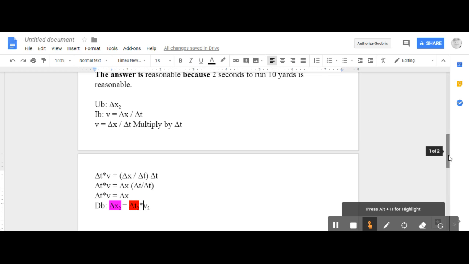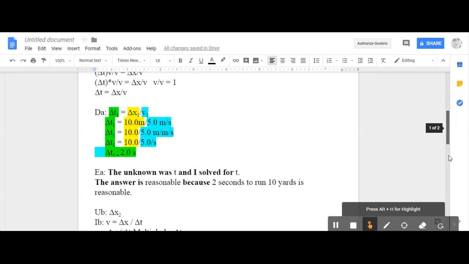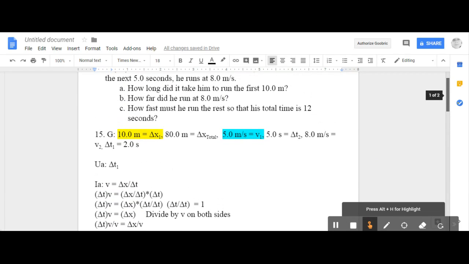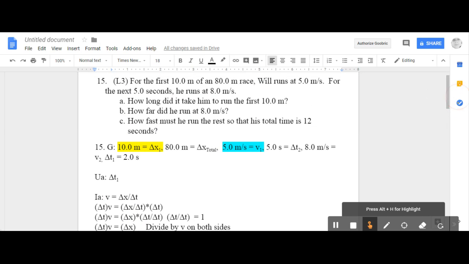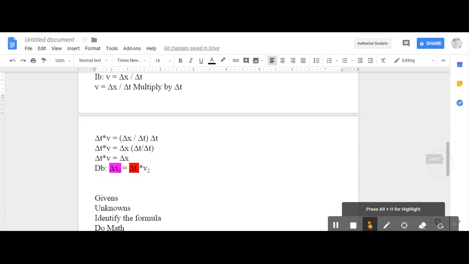So I'm going to go back up and look at my unknowns, look at my givens. And I have 10 meters, 80 meters, 5 seconds is delta t2. So I'm going to take this and place it in my equation down below.